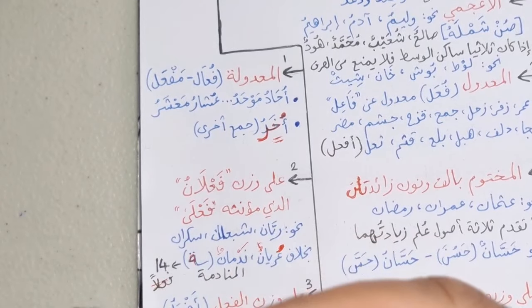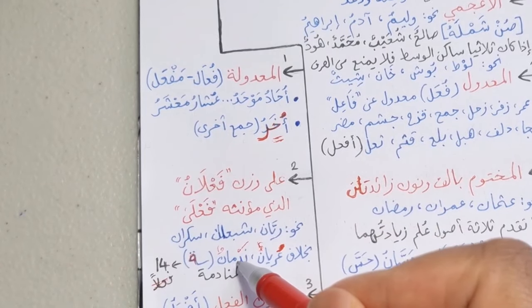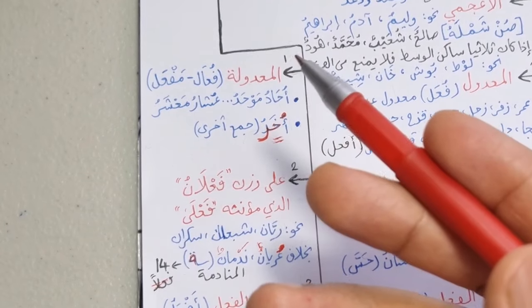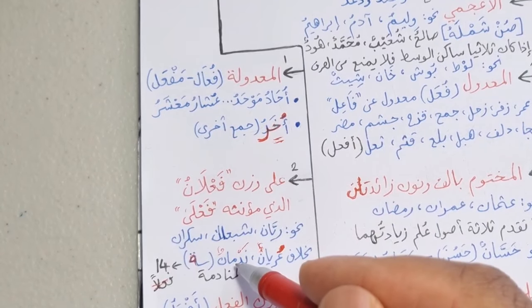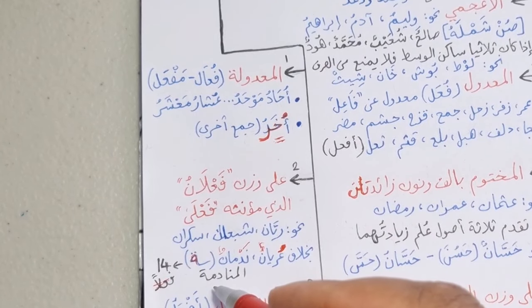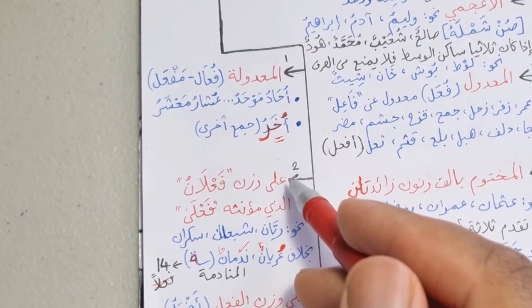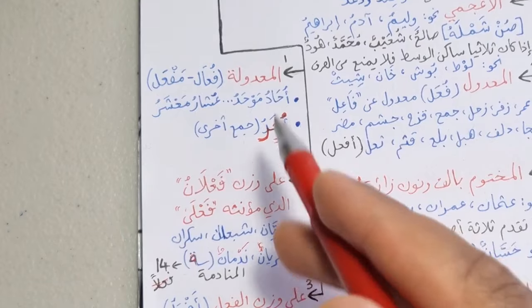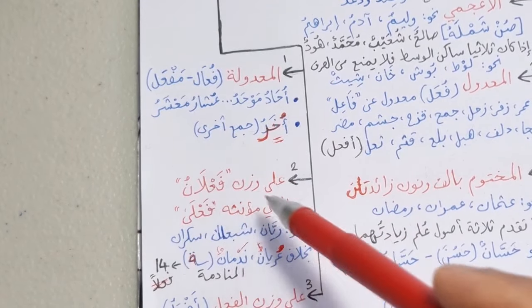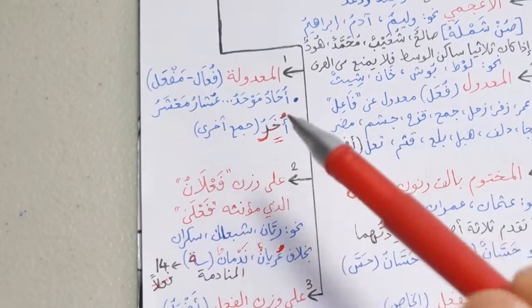The nadman that comes from regret is mamnu' min as-sarf, because its feminine is nadma. Imra'atun nadma wa rajulun nadmanu. But this one is munadama. Okay. So what's the condition for this one to be mamnu' min as-sarf? Sifa on the pattern of fa'lan, but its feminine has to be fa'la.